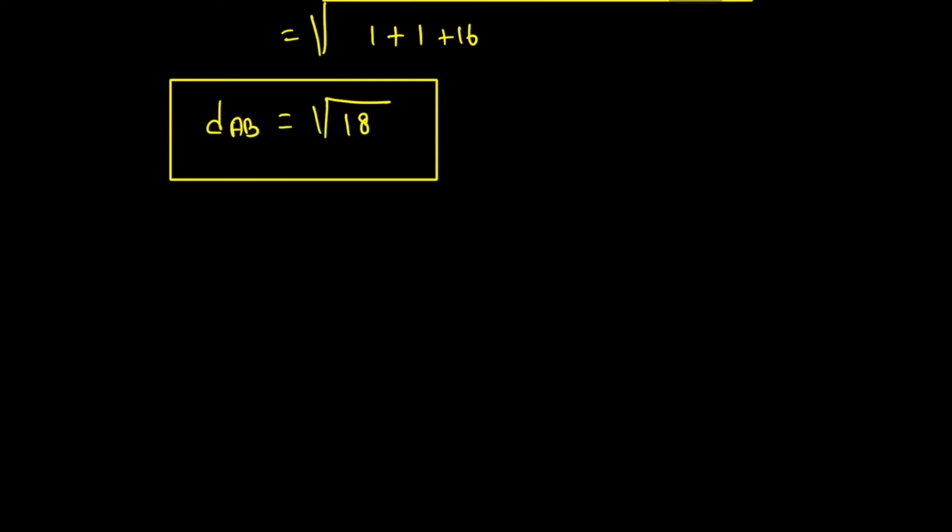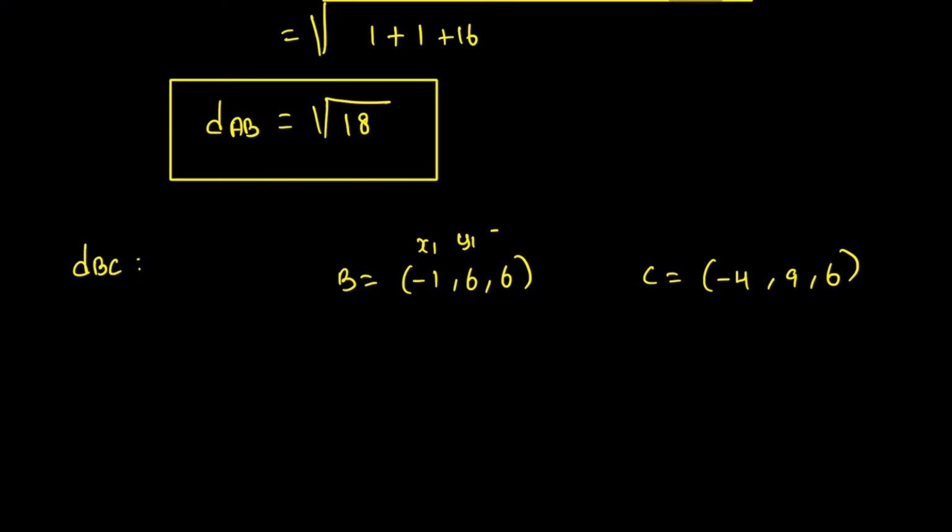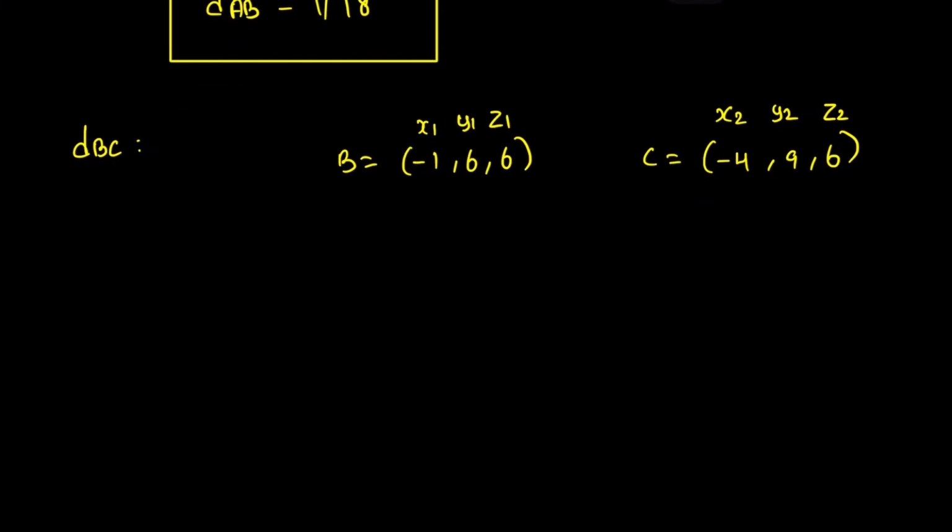Now we need to calculate DBC. What is the point B? -1, 6 and 6. And the point C is -4, 9 and 6. Now x1, y1 and z1, x2, y2 and z2. Now replace: DBC is equal to the square root of, same as before, x2 minus x1.